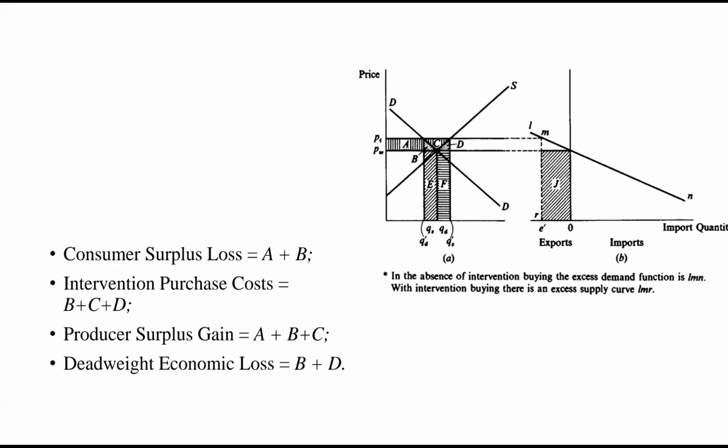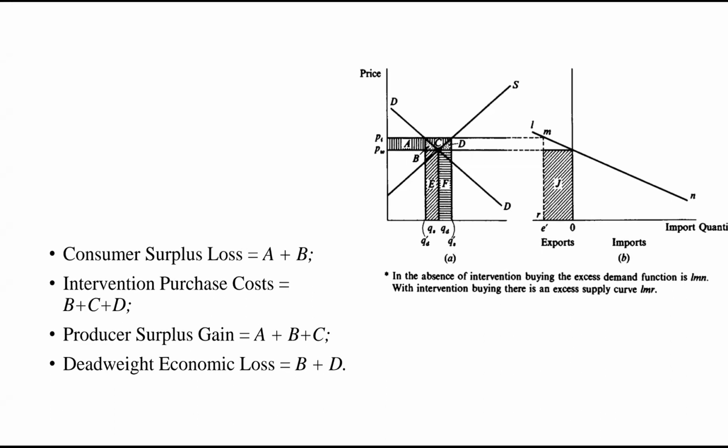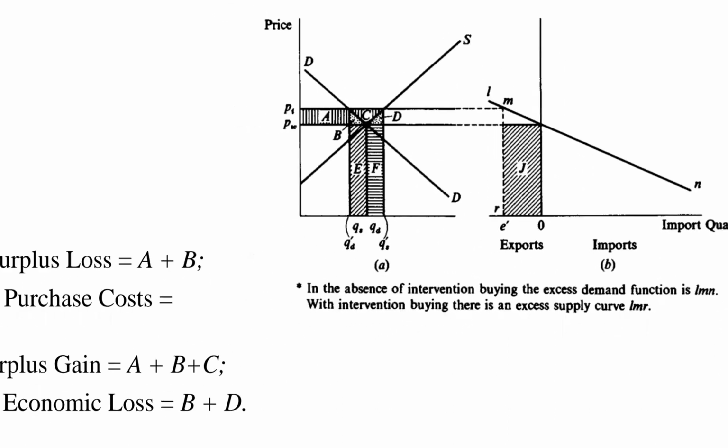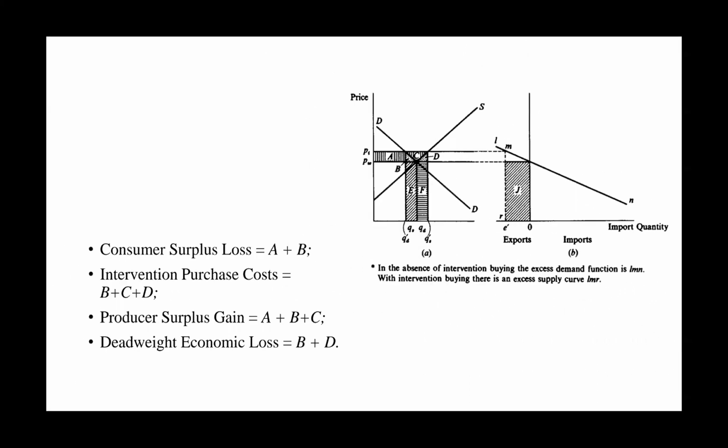Intervention purchase costs, BCD. Then the producer surplus gain is ABC. But a deadweight economic loss will be B plus D. That's the deadweight economic loss.